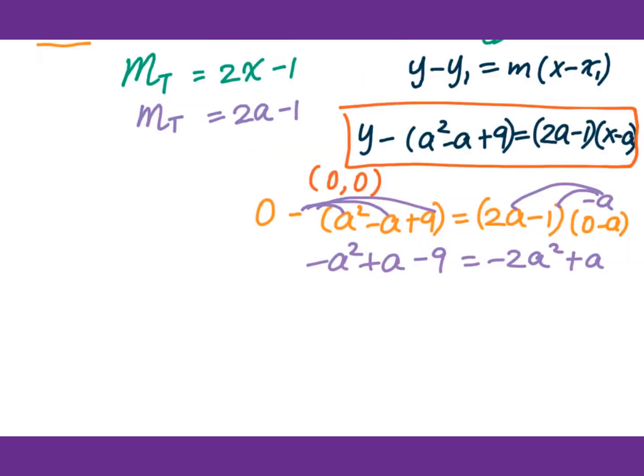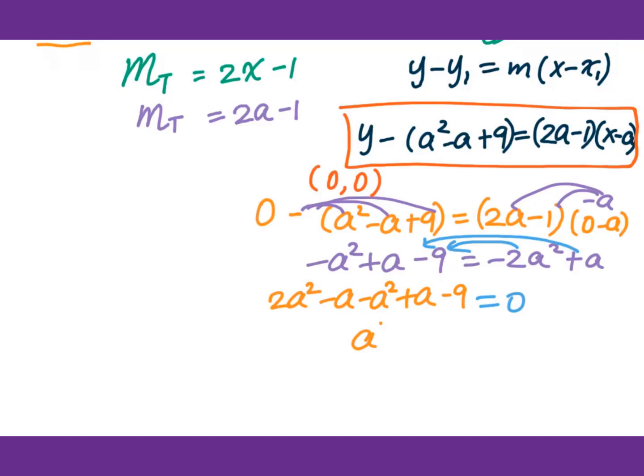We know this is a quadratic equation, so you need to set the equation equal to 0. So move everything to the left side. You will get 2a squared minus a squared plus a minus a minus 9.